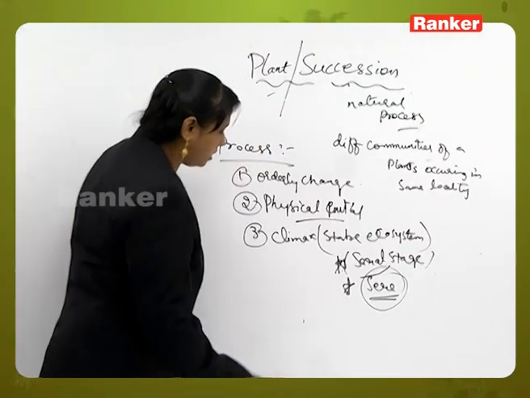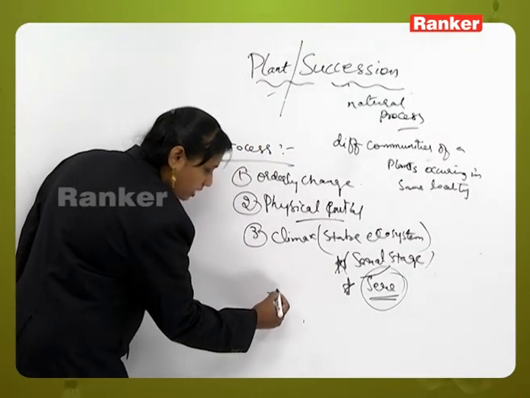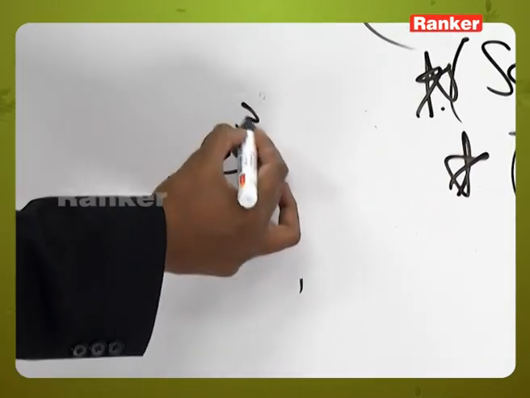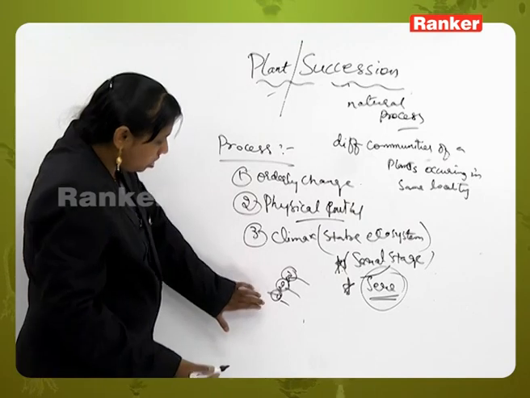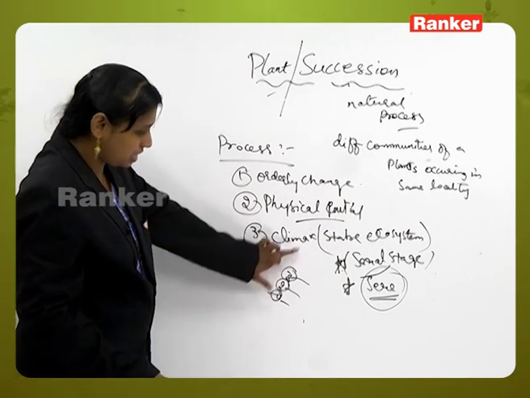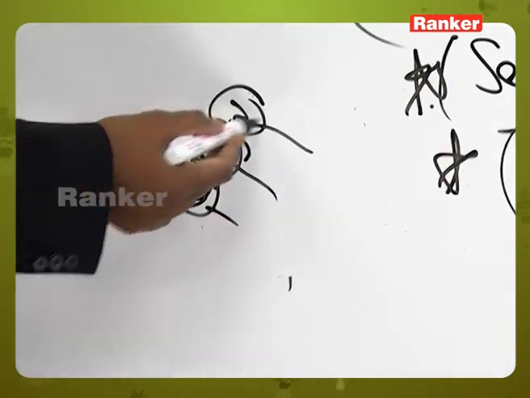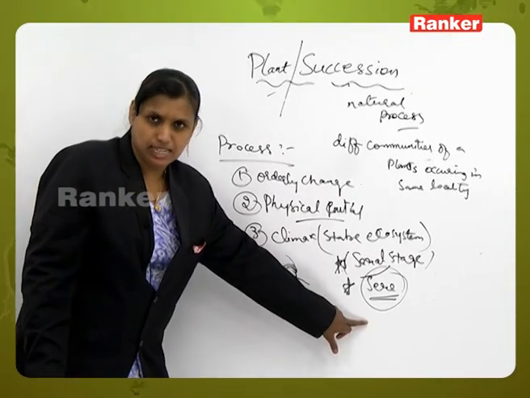For example, there is a first stage, a second stage, a third stage, one type of modification has come, then the next, then the third. So these are called seral stages, and one unit, one phase, is called a sere.